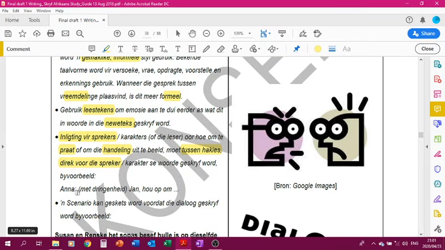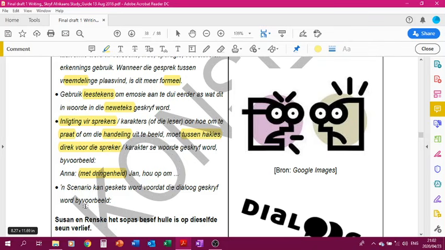For example, Anna, dubbelpunt, met 'n dringendheid, Jan hou op om. Okay? So it tells you how to say that. So Anna says with urgency, Jan stop too.